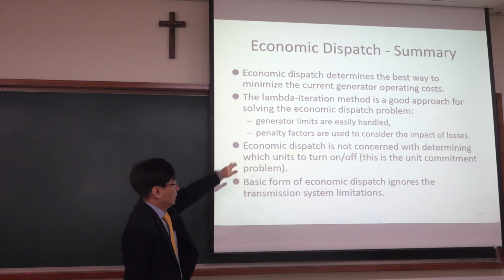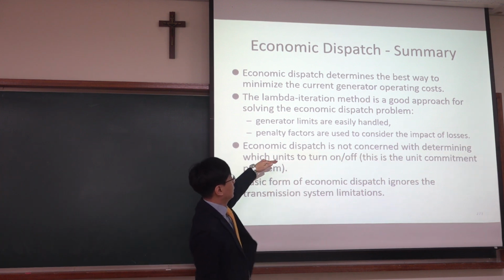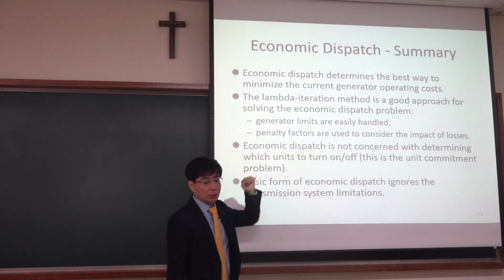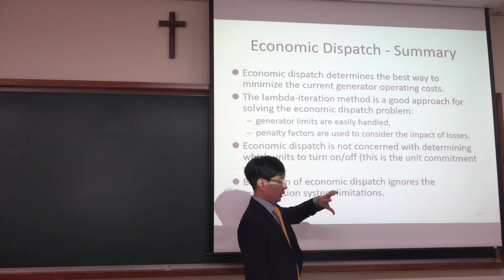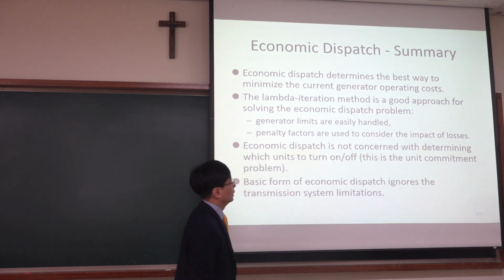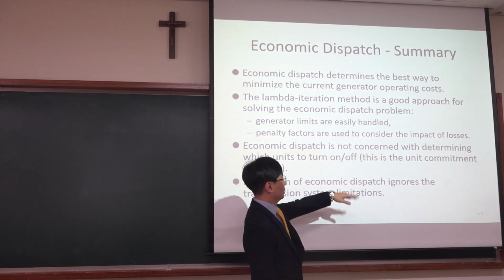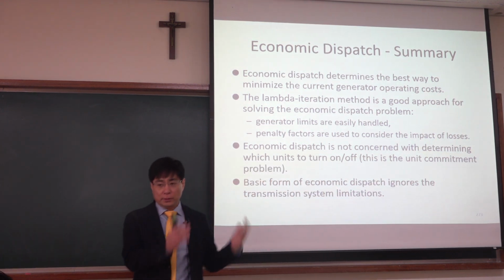But this economic dispatch does not consider whether to turn on or turn off the unit. So if the optimization covers turning on or turning off, then that is called the unit commitment problem. This unit commitment problem needs to be solved first.